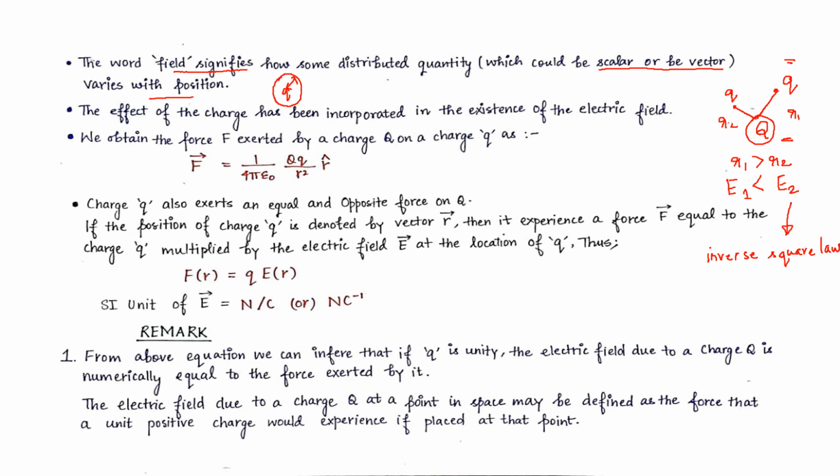The effect of charge has been incorporated in the existence of the electric field. We obtain the force F exerted by a charge Q on the small charge q as F equals 1 by 4 pi epsilon naught into Q into small q divided by R square into R cap.